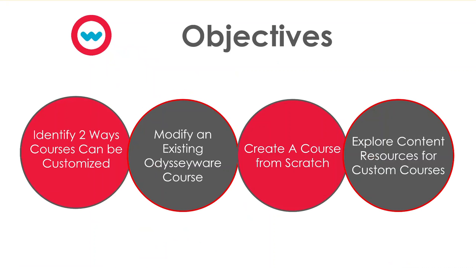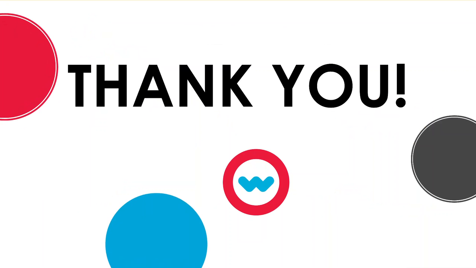Hopefully this has been helpful for you and provided you with more insight into the program. Now you know where to go for more help, the knowledge base. And if you need help and you cannot find it in the knowledge base, please give us a call. We are more than happy to help you out. There are a lot of people here ready to help and support you to be successful in using OdysseyWare.